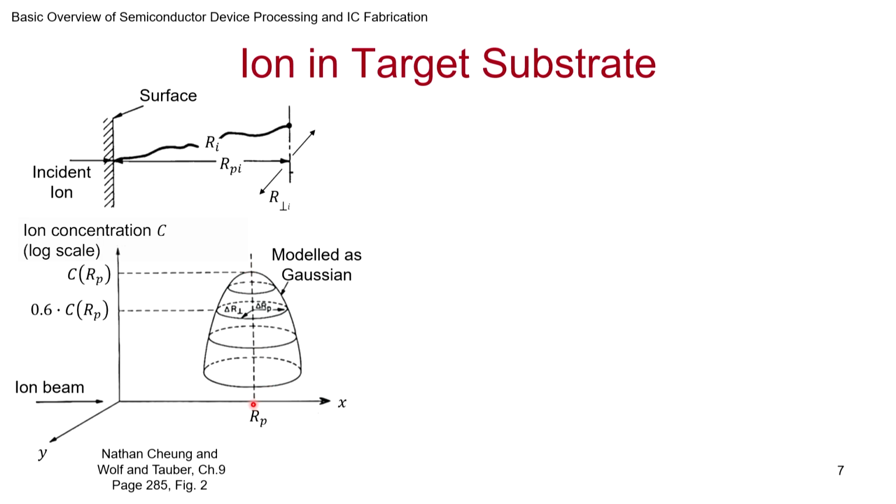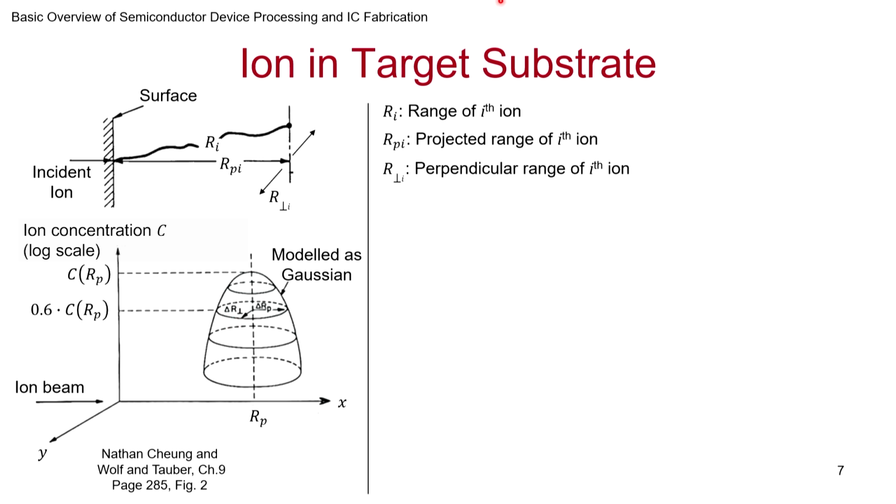Remember, note that the subscript is dropped here because this is representing the statistical average, and you will have a variation delta Rp in the direction in which it is coming. It is coming along x here. And also along y and z direction there will be a delta R perpendicular, lateral straggle you may call it. So these are the three variables that we usually talk about: Rp, delta Rp and delta R perpendicular, which is straggle.